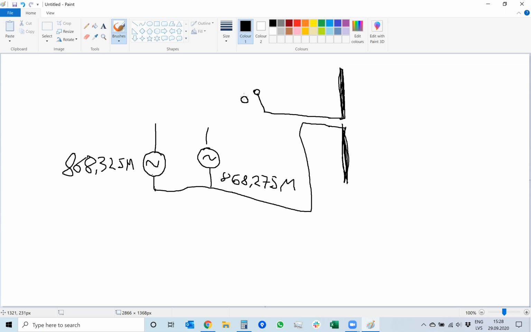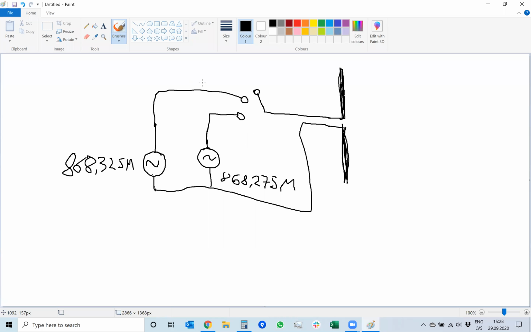The second state is we send 1 by connecting this switch to the first generator, and we switch to 0, transmitting 0, by turning this knob to position 3, which will connect it to the lower frequency generator, and we will be sending zeros.